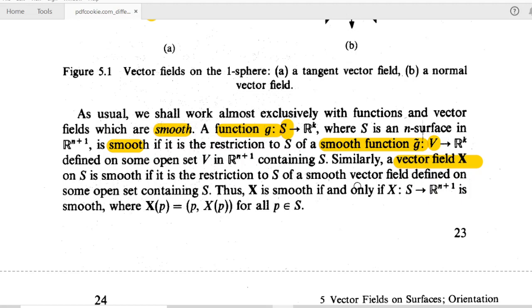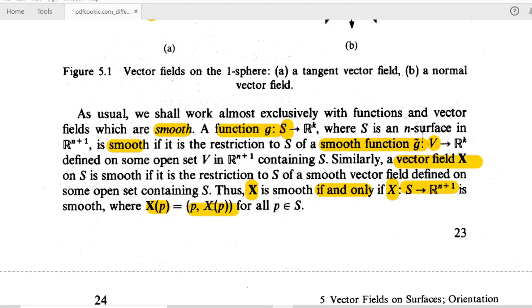A vector field X bar on S is smooth if it is a restriction to S of a smooth vector field defined on some open set containing S. So X bar is smooth if and only if X bar, the function from S to R n plus 1, is smooth. അതായത് we know vector field X bar of p equals p comma X of p. ഇവിടെ X എന്ന് പറഞ്ഞാൽ it is a vector, right?